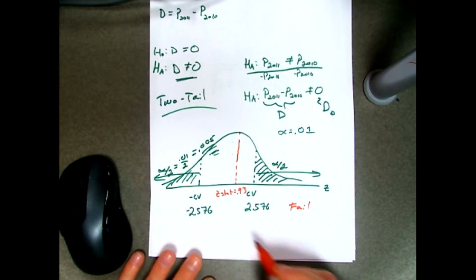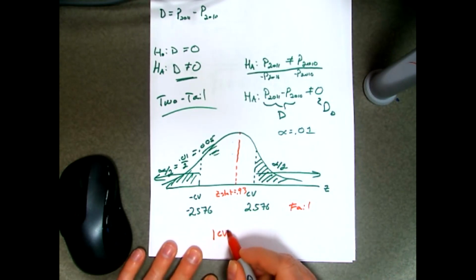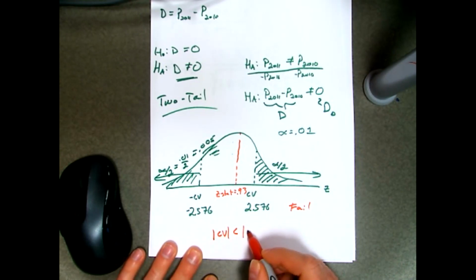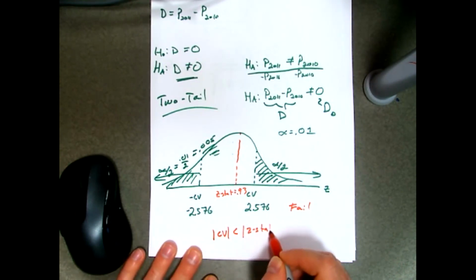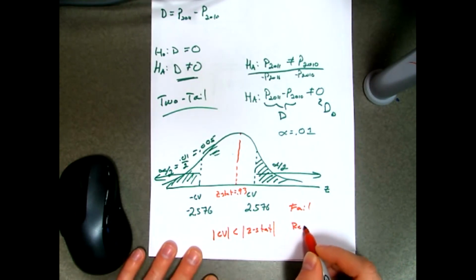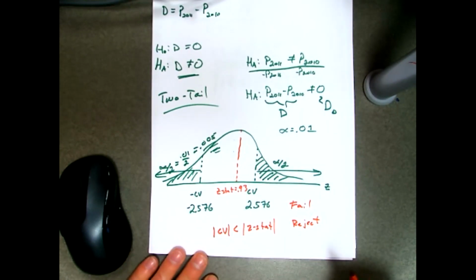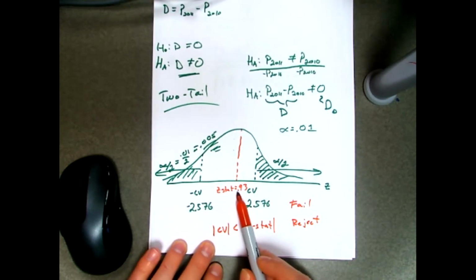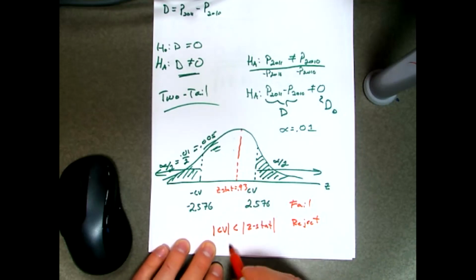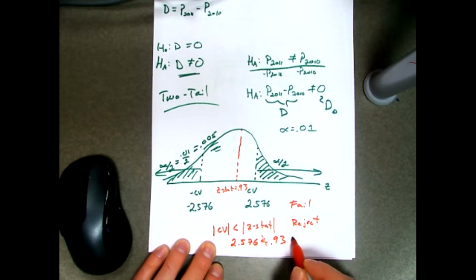But even if I didn't draw this out, remember we said that if the absolute value of my critical value is less than the absolute value of my test statistic, then I should reject here, right? Well, the absolute value of my critical value is 2.576. Is that less than the absolute value of my test statistic? No, it's not.